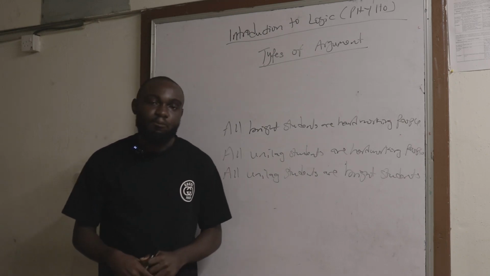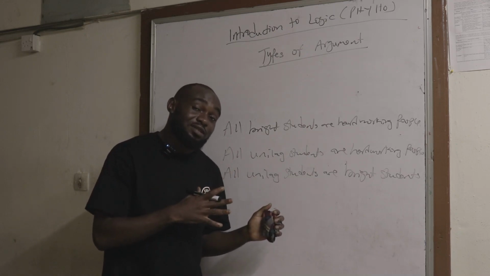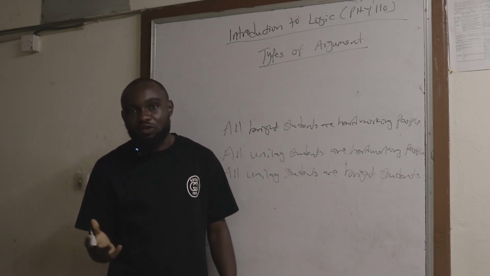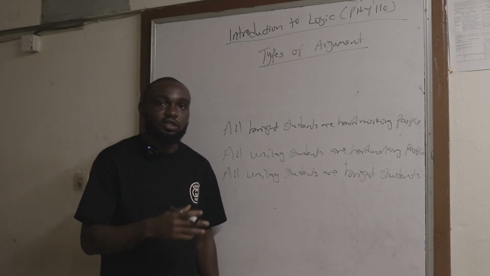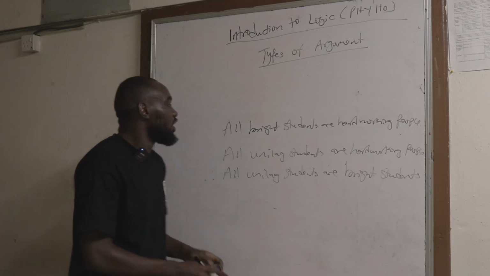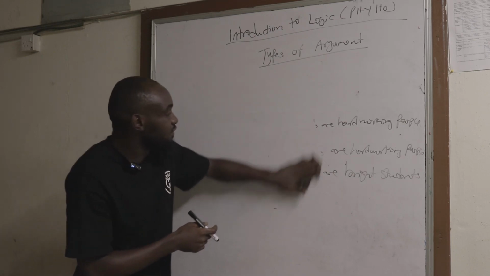So the traditional way of defining a deductive argument according to Aristotelian logic is not correct according to the modern logician, because a deductive argument can move from a general to a general and from a particular to a particular. So let's also take a look at inductive arguments.